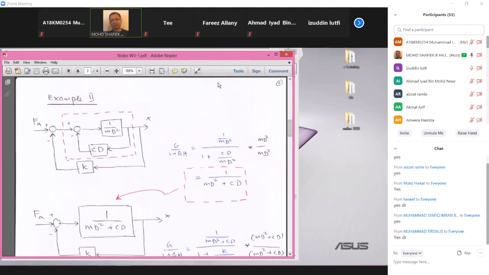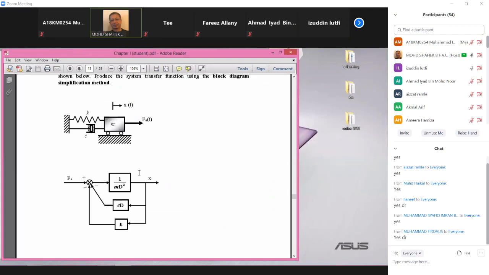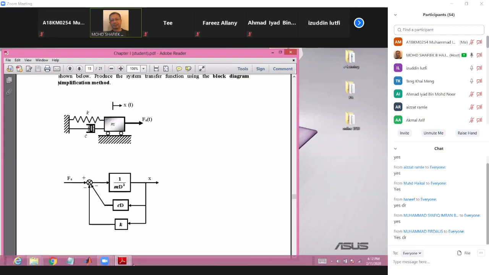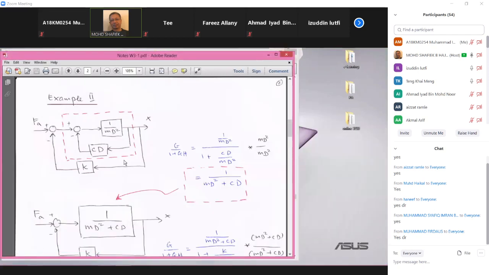Now, I'm going to redraw this diagram. I'm going to split the summing junction into two, and then I'm going to split the takeoff point. So this is now splitting two summing junctions and just splitting the takeoff point.